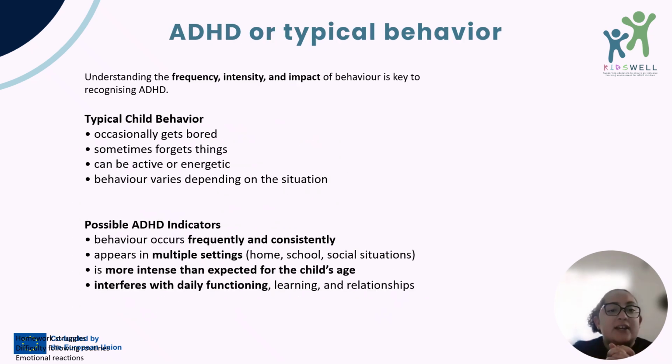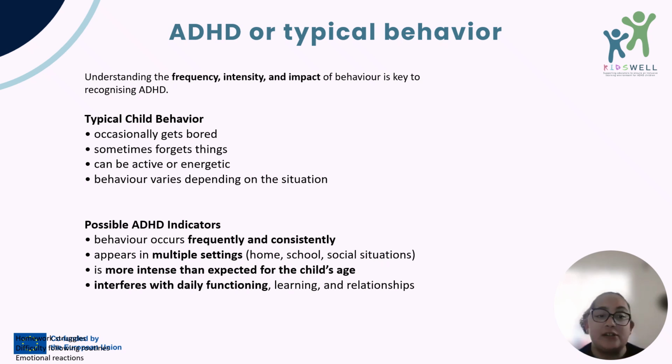So understanding the frequency, intensity, and impact of behavior is the key to recognizing ADHD. Typical child behavior: occasionally gets bored, sometimes forgets things, can be active or energetic. Behavior varies depending on the situation.